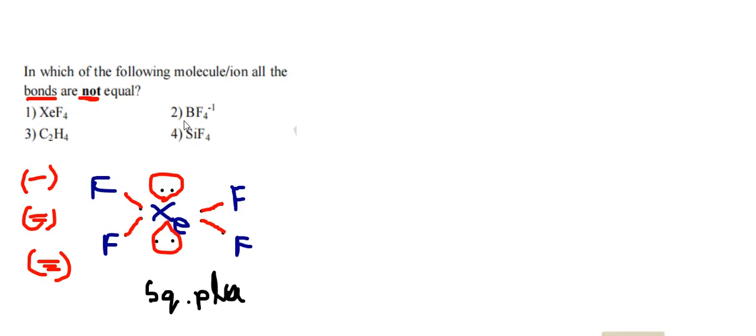Now the second one is boron. Boron has 5 electrons: 2 electrons in the inner shell and 3 electrons in the outer shell. The 3 electrons in the outermost shell, 1 2 and 3, can be represented here, and the 4 fluorines are going to be present here as per the given option. With 4 fluorines, there is a -1 charge, so there is an extra electron with the fluorine.